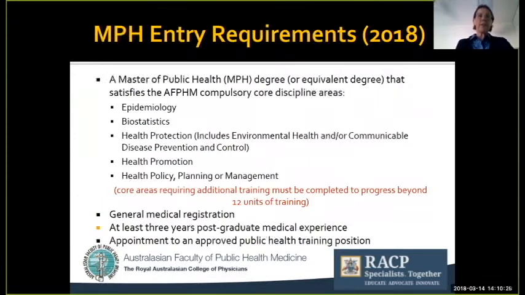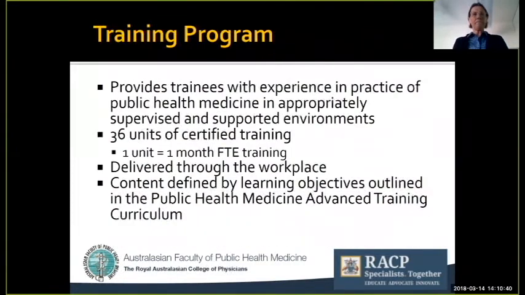And then the other things: general medical registration, which has to be maintained across training, at least 3 years of postgraduate medical experience, and appointment to an approved public health training position.